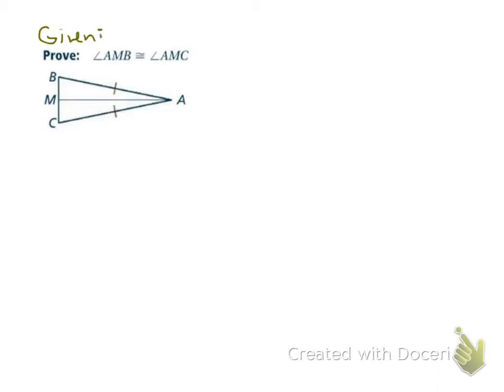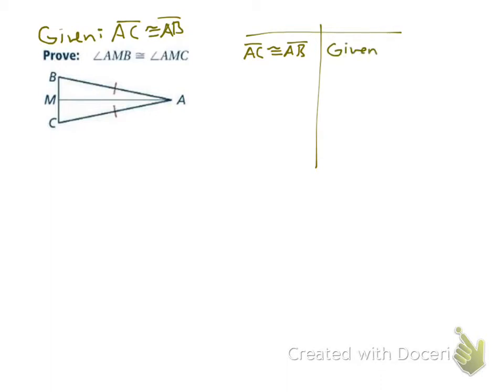In any case, what's given to me? Okay, whoops. AB. All right, let's see what we got so far. We got AC is congruent to AB. What else do you got?